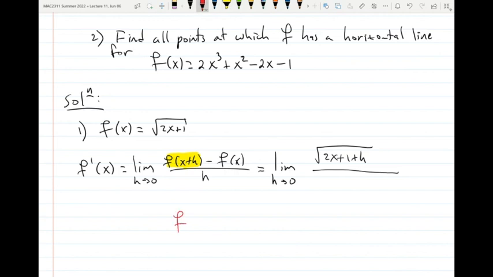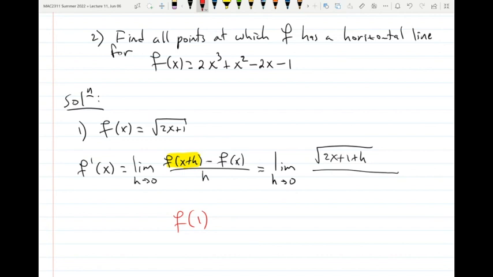Let me ask you an easier question. If I ask you to do f of 1, what do you do? Plug in the 1. What does it mean to plug in? You change where it says x, instead of the x, you put the 1 there instead. Good. That's what it means to plug in. You replace x by 1, right?